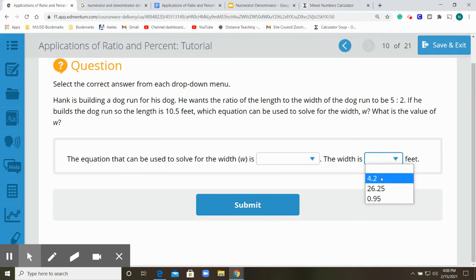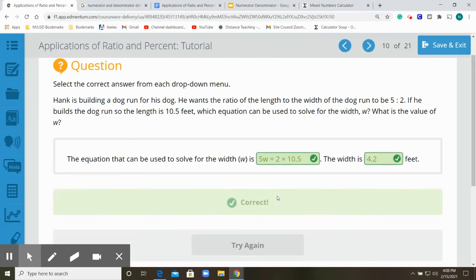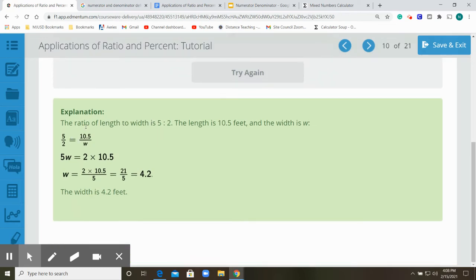So we got the answer 4.2 feet for width, and the equation to solve is 5W equals 2 times 10.5. All right, we got that correct. The explanation down here is pretty helpful, and because they're doing it not on scratch paper, they can write it out a little more cleanly.